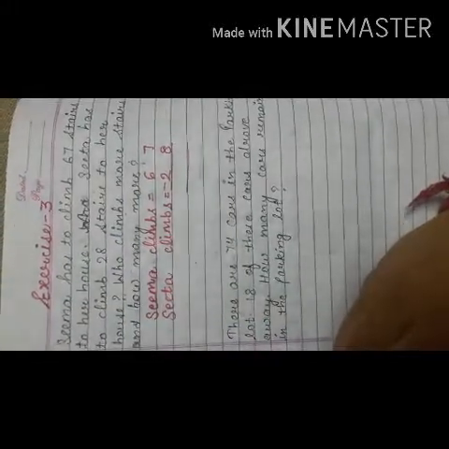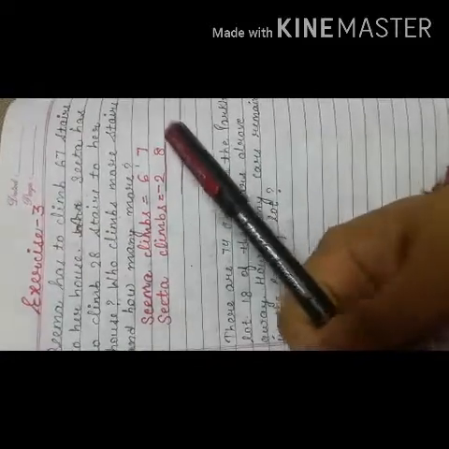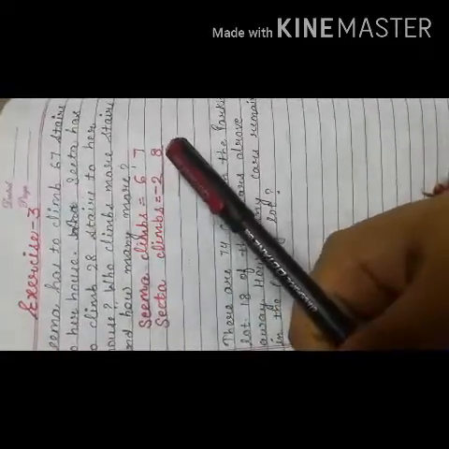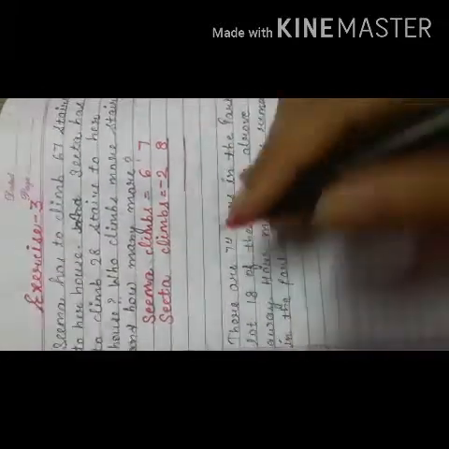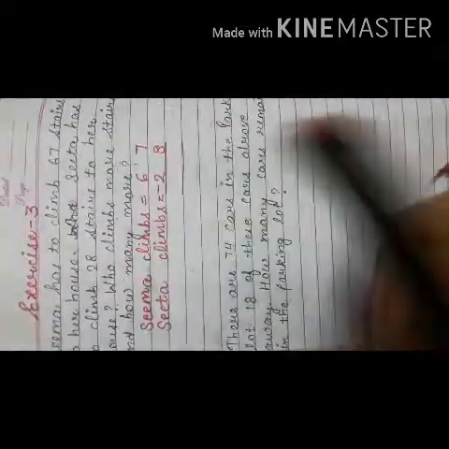Now we will subtract, and we will start subtracting from the ones place. Here you can see that 8 is greater than 7. So 7 will borrow from the neighbor, that means from 6.